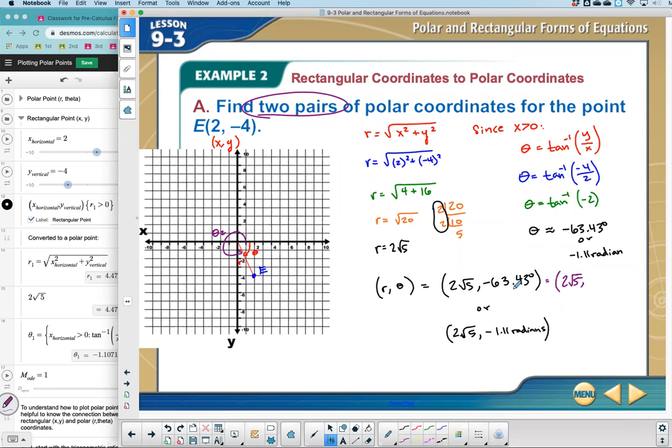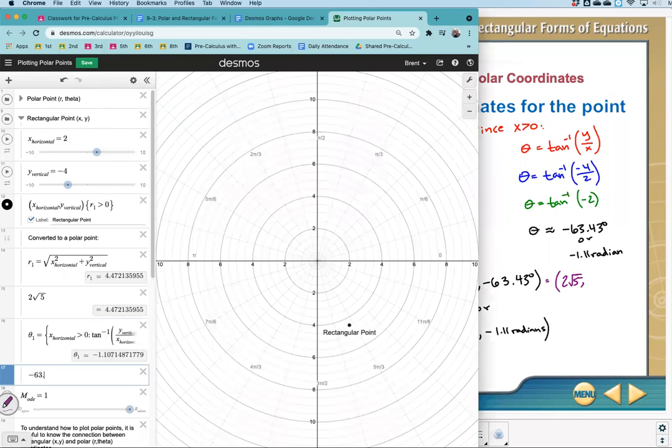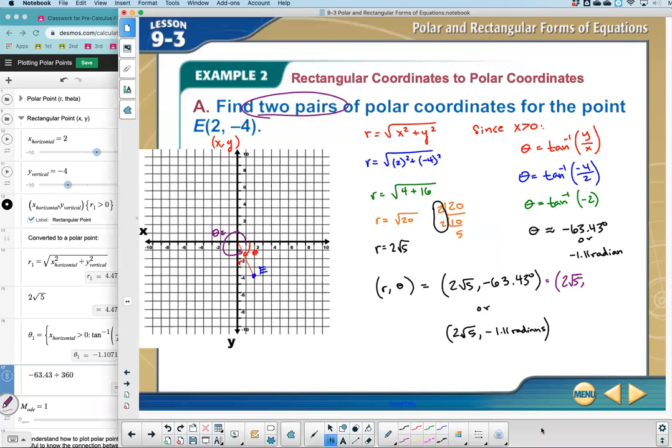So let me take my -63.43 and add 360. I get 296.57 degrees. That's another way of describing that point.